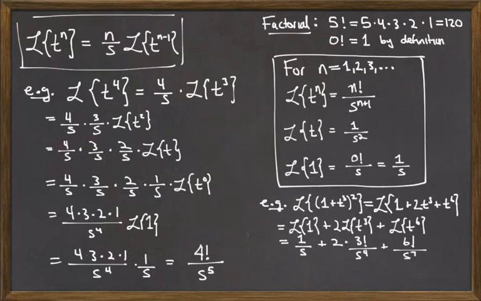And then here I'll have 6 factorial over s to the 1 higher power, so s to the 7th. You can clean up the coefficients now and simplify the expression if you prefer. 1 over s. 3 factorial is 6, so this will be 12. And 6 factorial turns out to be 720. That's 6 times 5 times 4 times 3 times 2 times 1, 720.